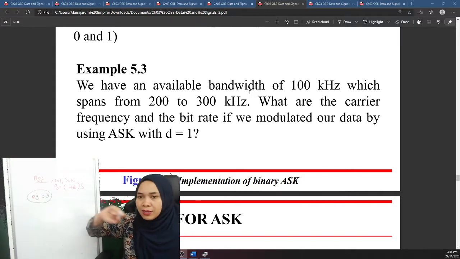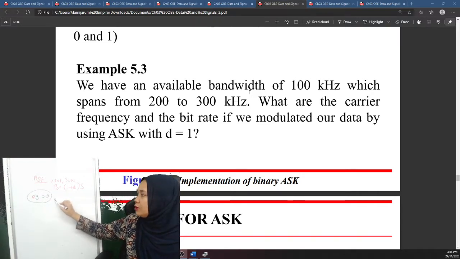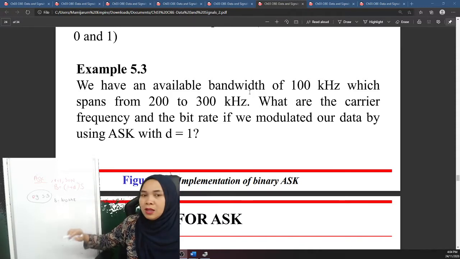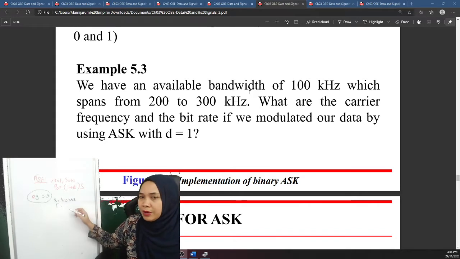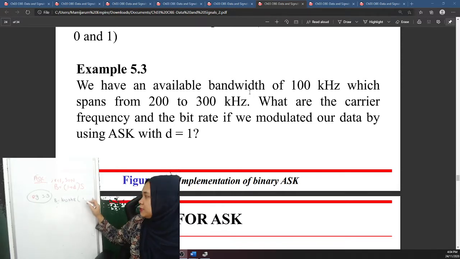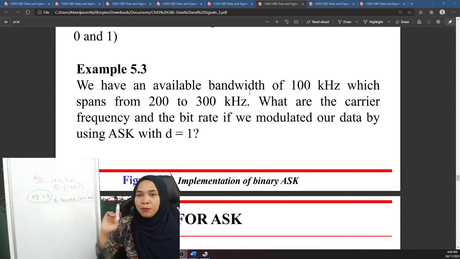Bandwidth equals 100 kHz. Sorry, this 100 kHz is between the high frequency, 300, minus the low frequency, 200. This is how we get the bandwidth.